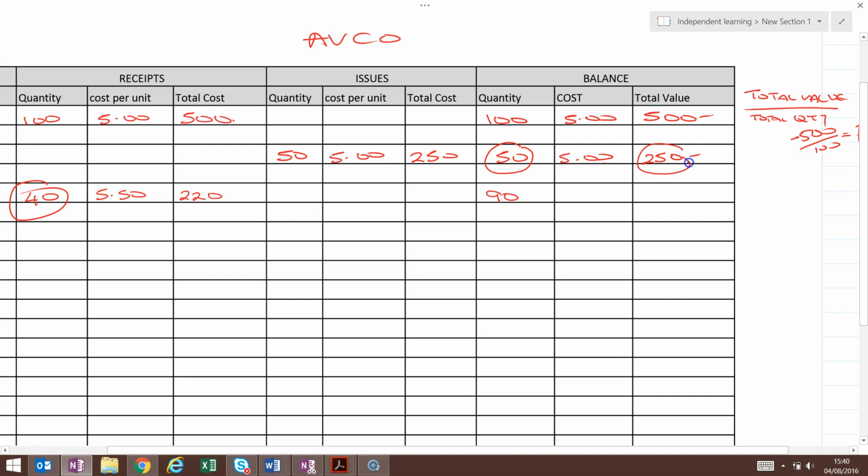We did have £250 worth, add another 220, we have £470. The cost is now the average cost, so you need to work it out. So 470 divided by 90 gives you the figure to put in, £5.22.